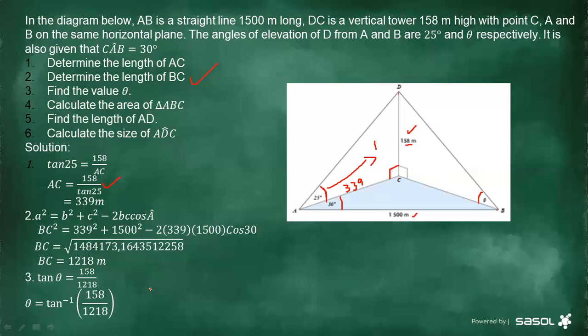It gives us 7.39 degrees. That is the angle that we have just determined. And then number 4, calculate the area. We are going to calculate that area on the next slide.